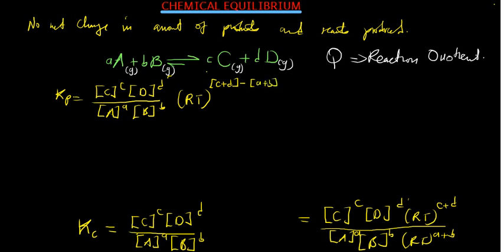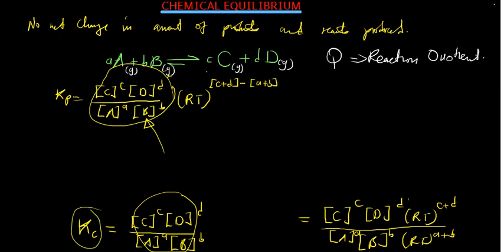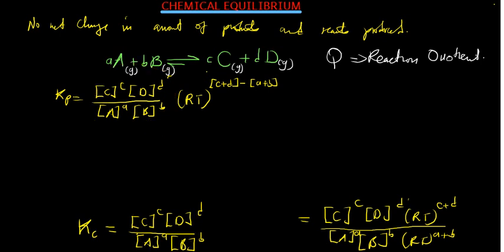Now, what does C plus D and A plus B mean? Well, we can see that this portion here is equal to this portion here. And so where there is this portion, we are going to substitute Kc. And so we find that Kp is equal to Kc, and then we have got RT raised to the power C plus D. We can see that these are small letters.